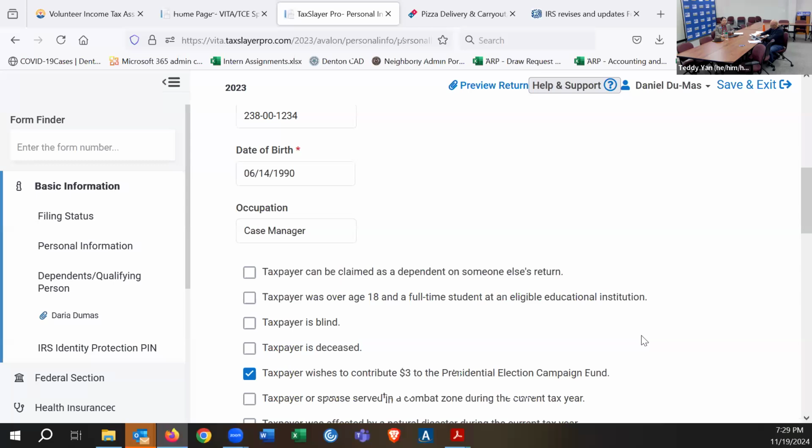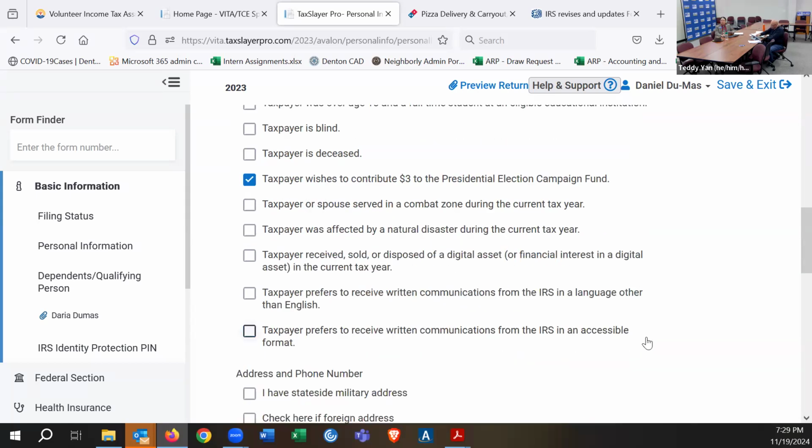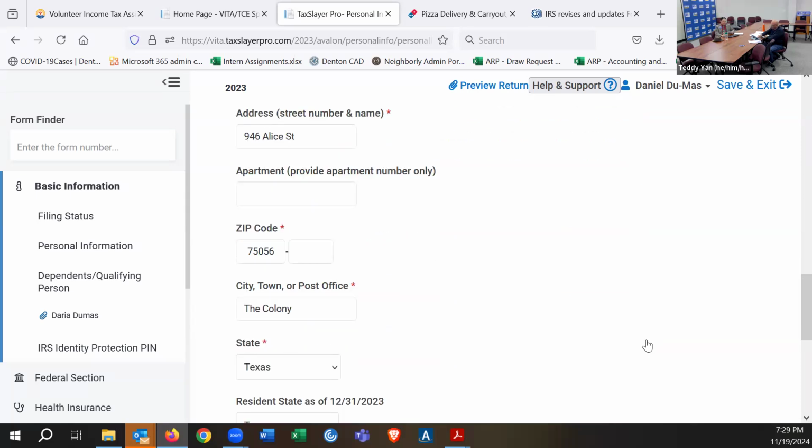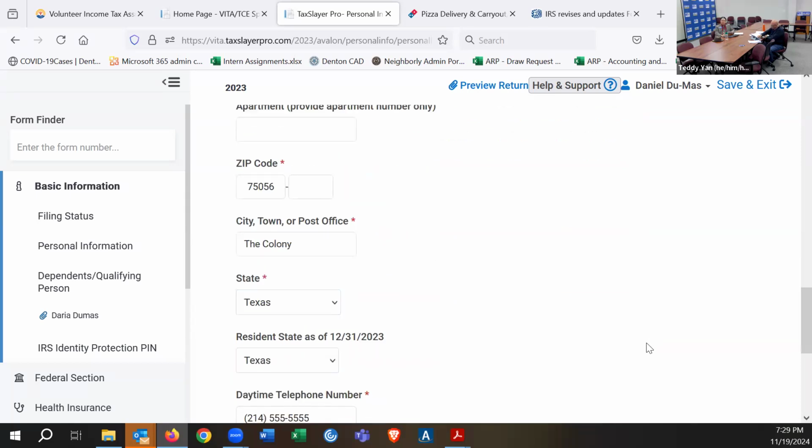His date of birth is not tricky because he's got an American document. He is an idealist and wishes to contribute $3 to the presidential election campaign fund. He has a nice, simple address in the colony.